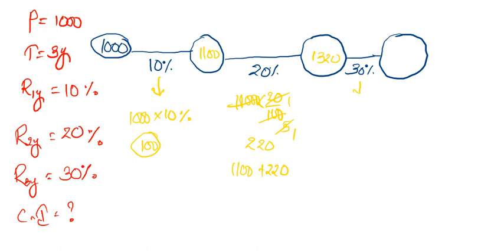Again 30% means 1320 of 30%. 2 zeros cancel. 3 twos are 6, 3 threes are 9, 3 ones are 3. Again 1320 plus 396. It will become 1716.